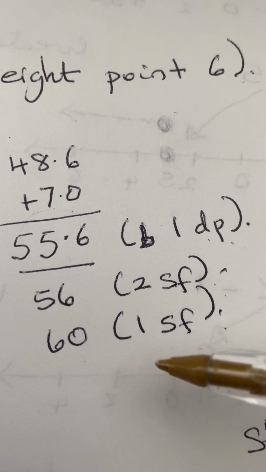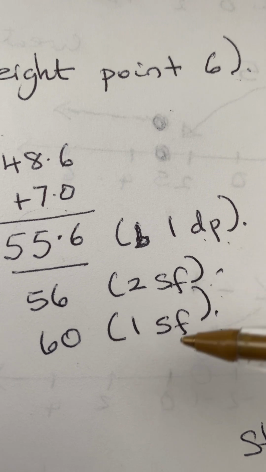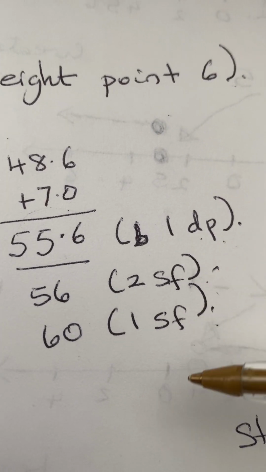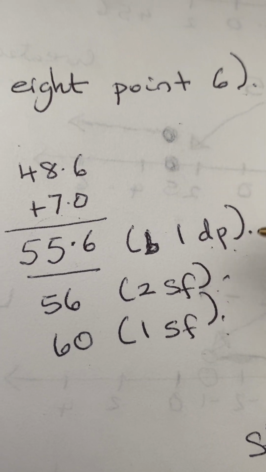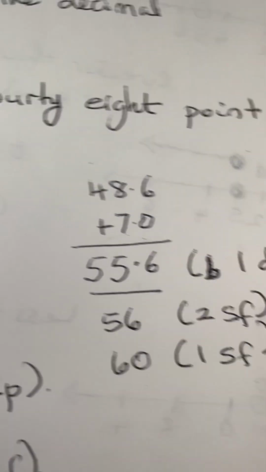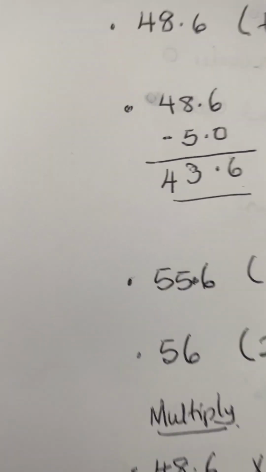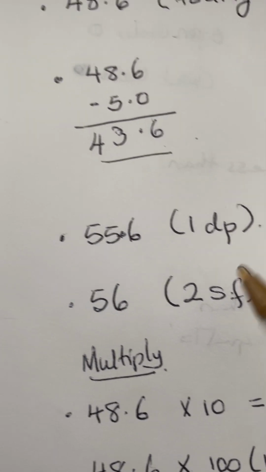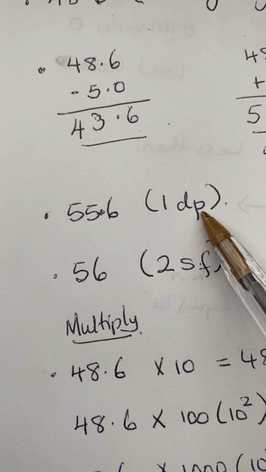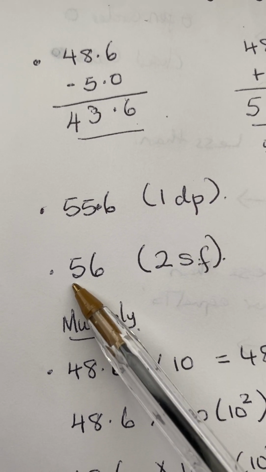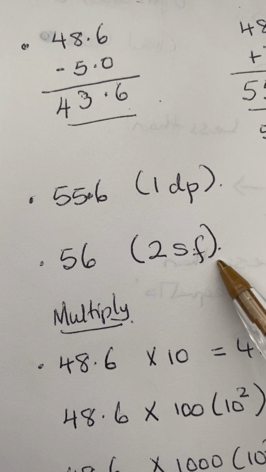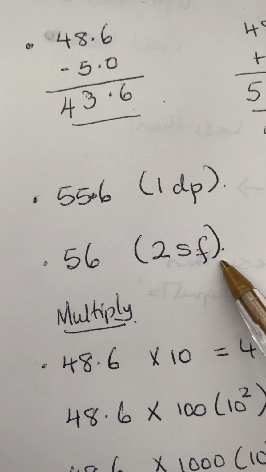So assuming they say change to one significant or two significant, or leave it as one decimal place, these are the various answers you are going to get. So I've written it here: 55.6, one decimal place; 56, two significant figures.